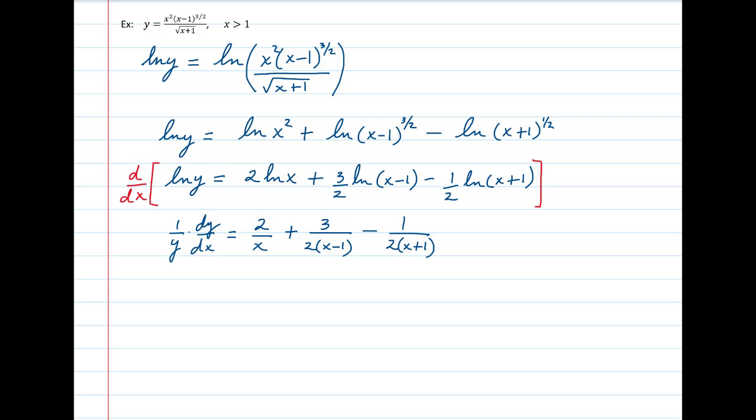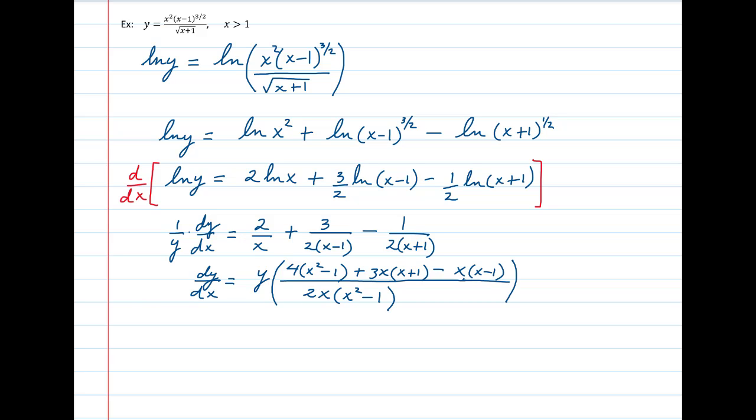Okay, so the rest is just solving for dy dx, simplifying a little bit, making our expression look a little bit more condensed. All right, so finding a least common denominator, we get 2x times (x squared minus 1), and then on top we're going to get 4 times (x squared minus 1) plus 3 times (x plus 1) minus x times (x minus 1).